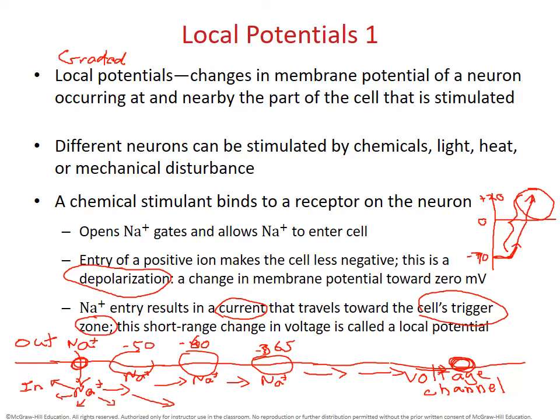And again, remember, where is the cell's trigger zone? The cell's trigger zone is essentially the region around the axon hillock, the very beginning of the axon. Okay, so that's a summary of what we need to happen. We're going to take a look at that now step by step as we go through the next few slides.